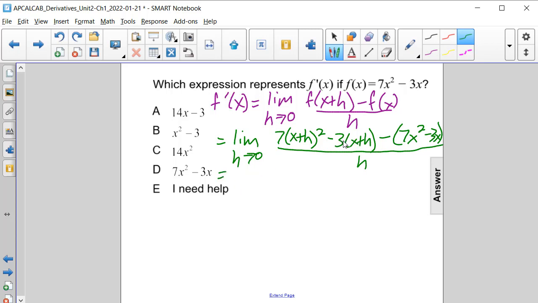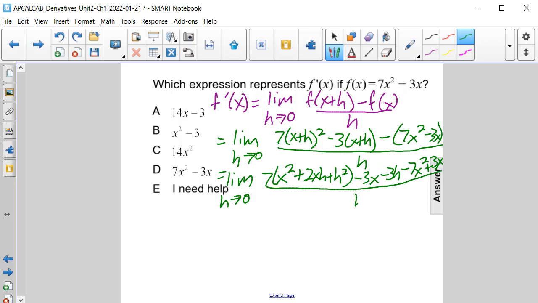And then if we distribute the coefficients of the second and third set of parentheses through and expand out the x plus h squared, we'll have the limit as h approaches 0 of 7 times x squared plus 2xh plus h squared, minus 3x minus 3h minus 7x squared plus 3x, all divided by h.